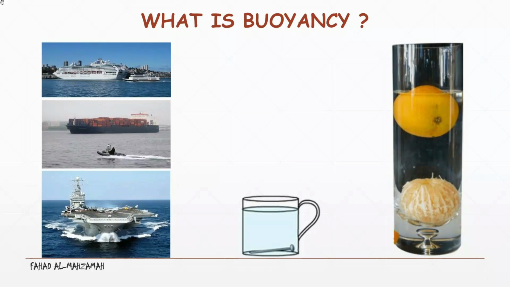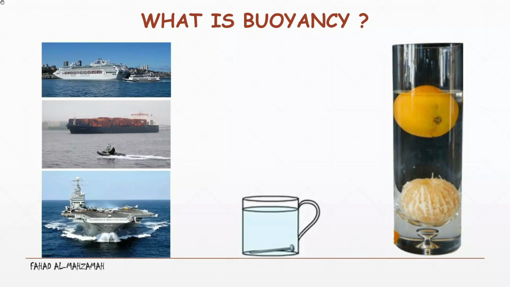And the other example makes it clear for you: this orange, by the way, it's the same orange, but it's a combined picture. So this orange, the top one is the orange with its peel, مع قشر. So you can see that the orange with peel is floating, while the orange without peel, بدون قشر, is sinking.